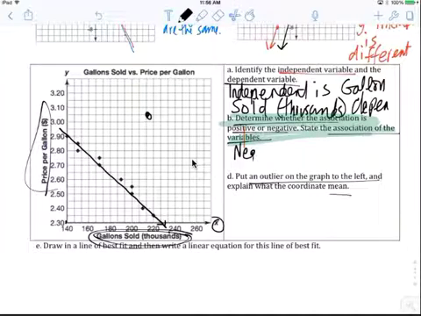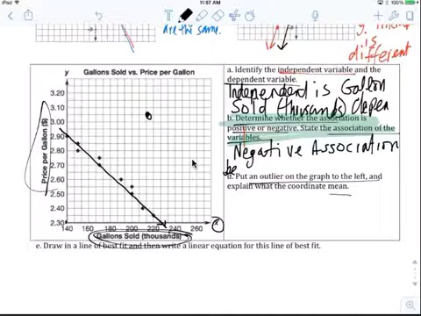Negative association because as price decreases, the gallons sold increase.